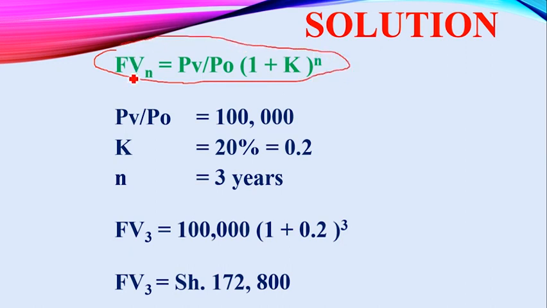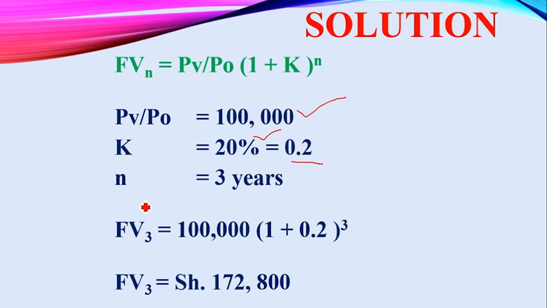Now, when you use this formula, we say that the future value of n is given by the present value, or what you have today, multiplied by (1 plus k) power n. In our case, our present value is 100,000 shillings. The interest rate is 20% or 0.2. The n is 3 years, the period under which you're going to invest.